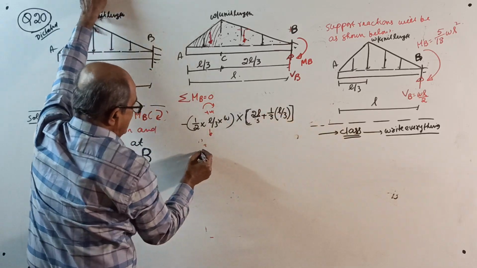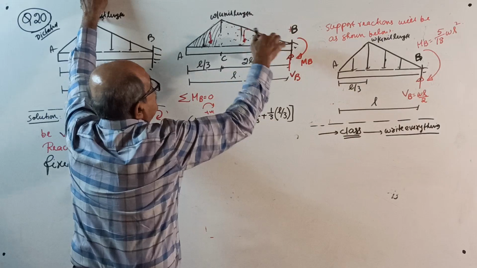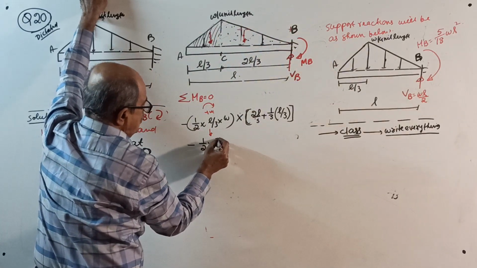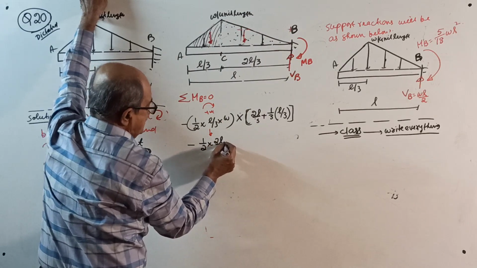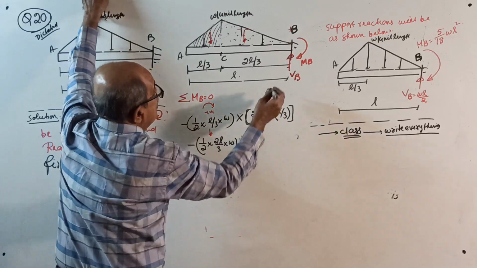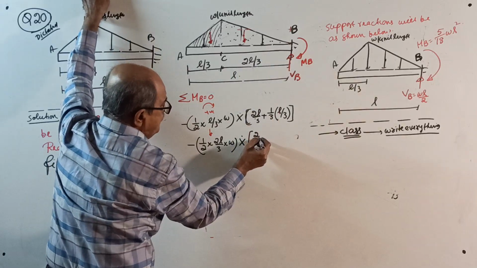Then again minus the moment of this load: half into 2L by 3 into W is one more load, into 2 by 3.